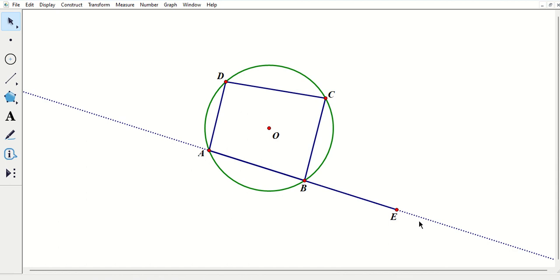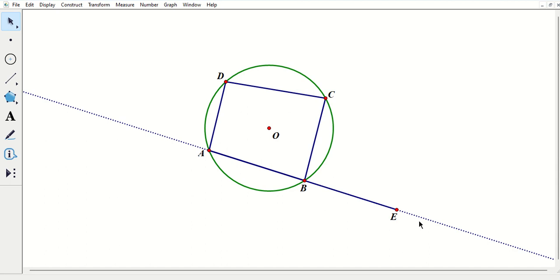Now what happens when you produce one side of a shape? We know that the exterior angle of a triangle is equal to the sum of the interior opposite angles. And why are we saying that? The exterior angle of a triangle is formed when one side of that triangle is produced to the outside of the triangle.